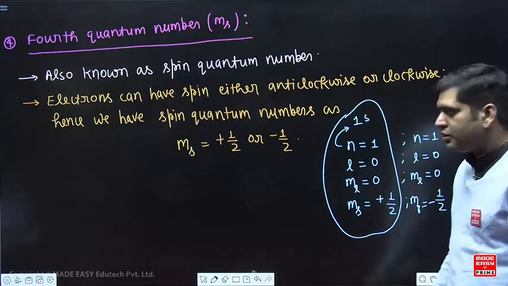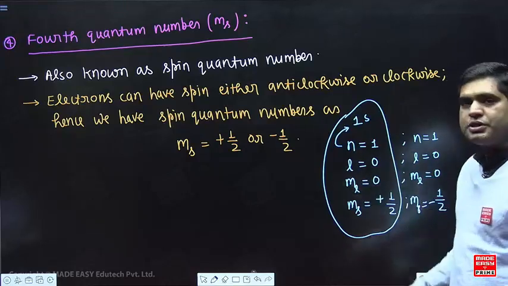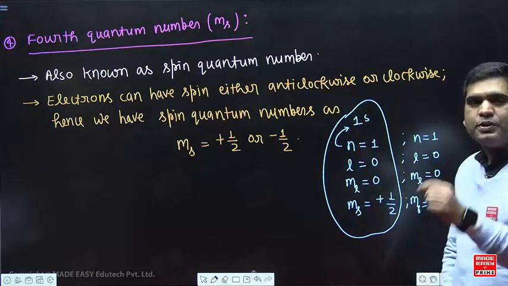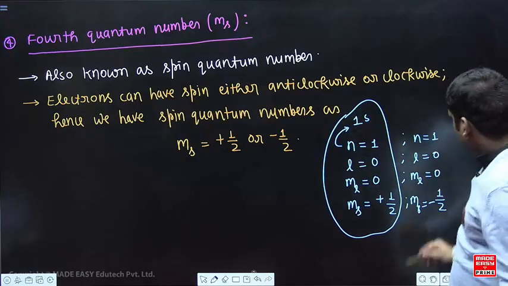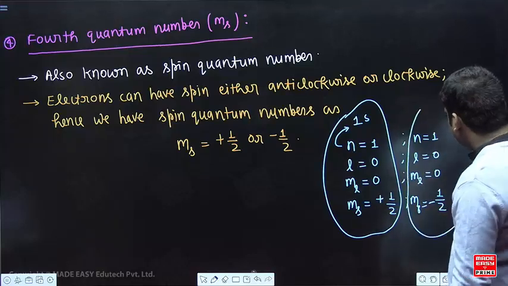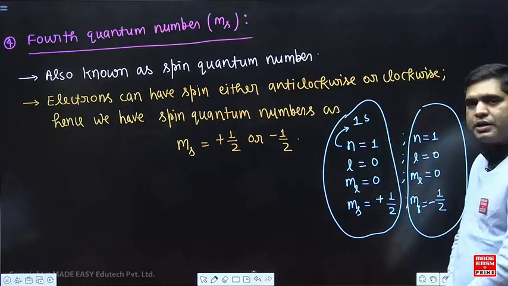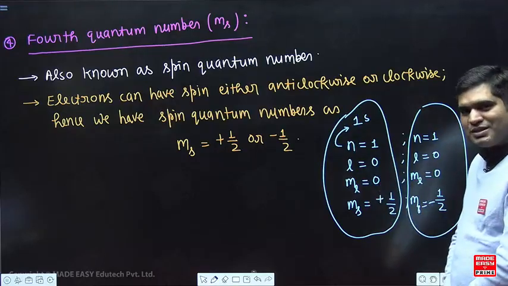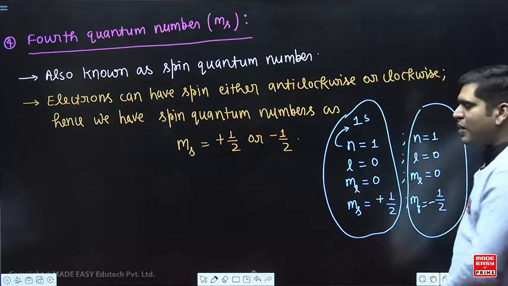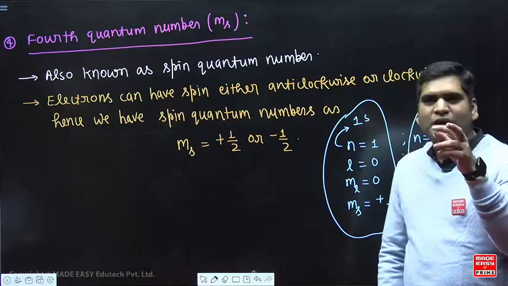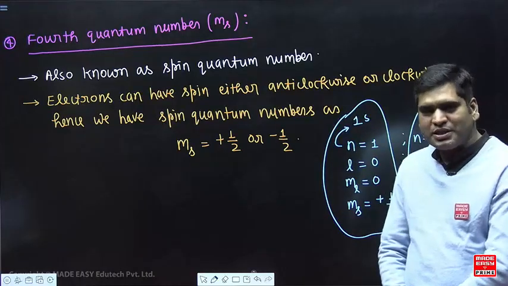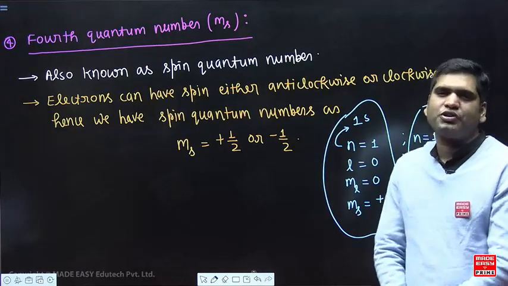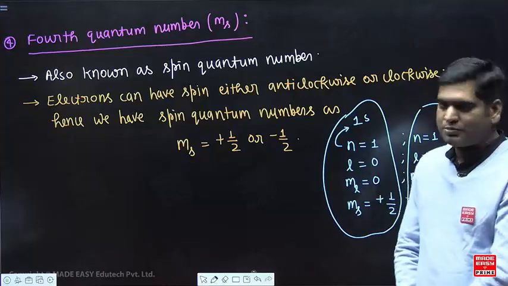Whatever solution you get, that will represent the first electron of the first orbit. If you use this as boundary condition, then whatever solution you will get, that will represent the second electron around the nucleus. So same thing is Pauli is trying to say that no 2 electrons can have all the 4 quantum numbers same. It means each electron will have different set of quantum number.